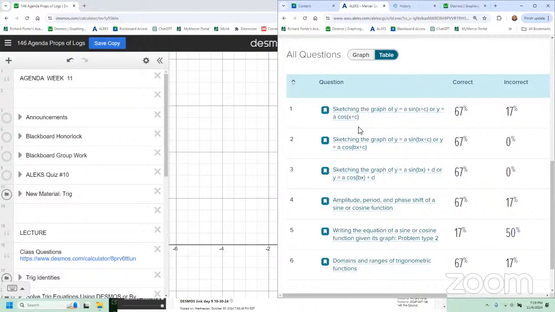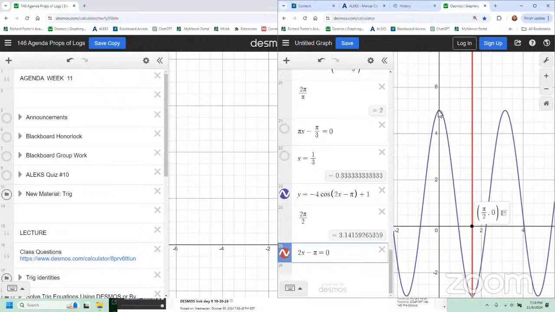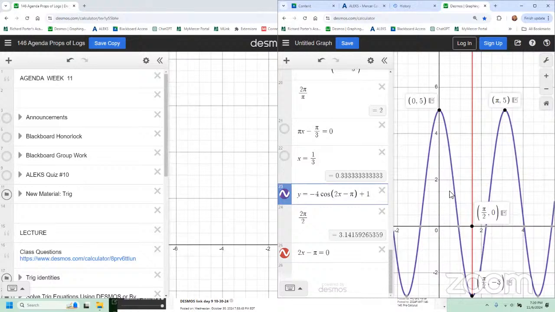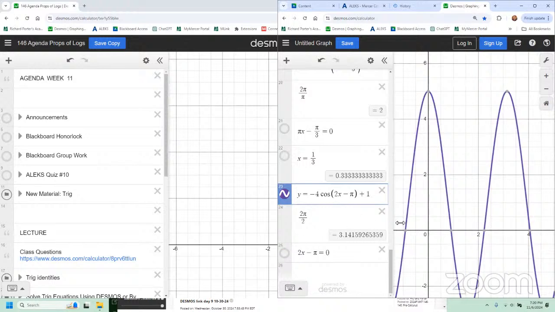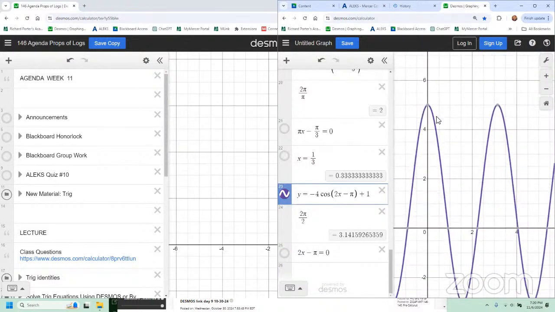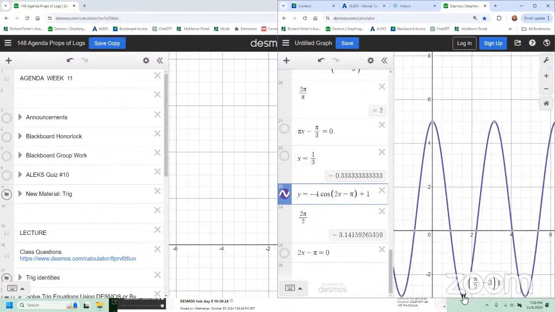Sketching is easy. I don't know why people miss those questions, but for the sketching, when you're in Desmos, you just click on the high point, the low point, high point, low point, and you have to find the midline. This function goes up as high as 5 and down as low as -3.